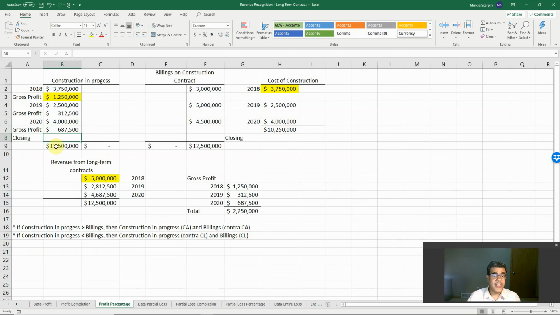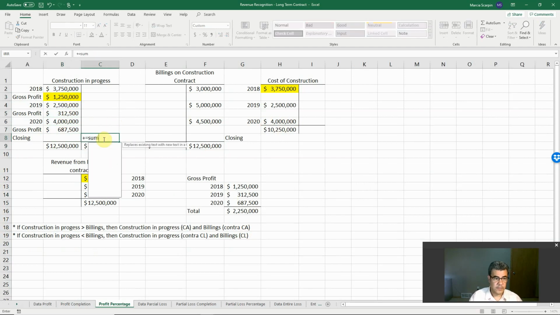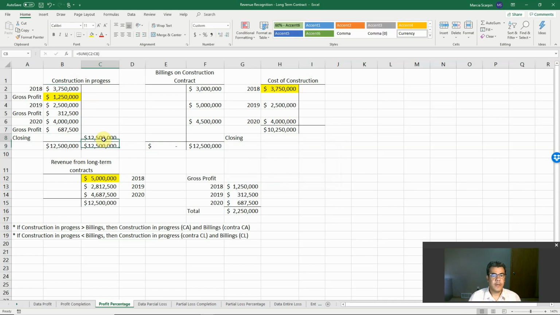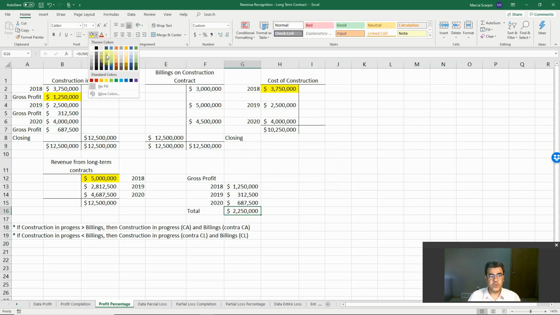And then we already have our numbers matching because we are recognizing gross profit over the 3 years. So we only need to close it. Sum here and the same number here. We have it closed. Gross profit total 2.2.